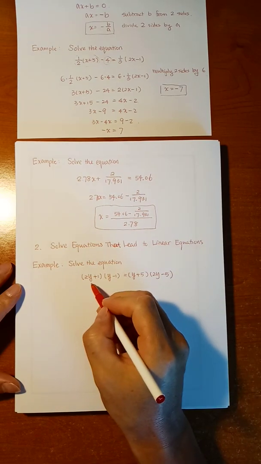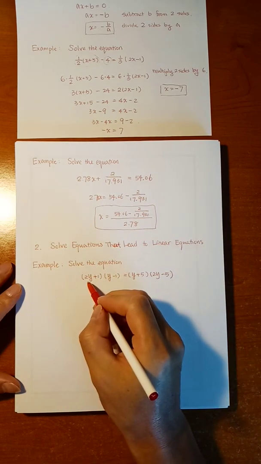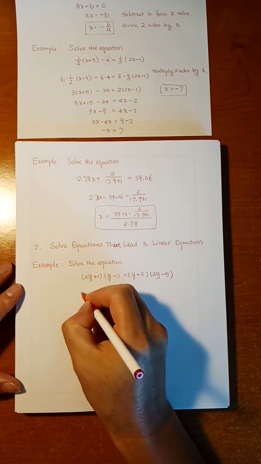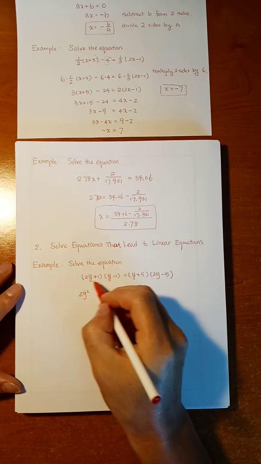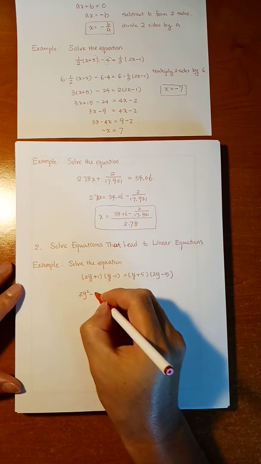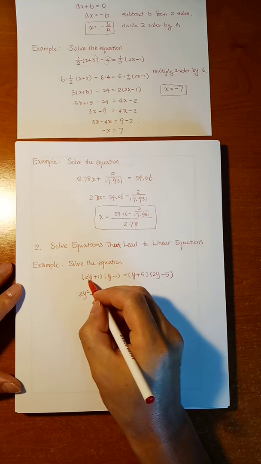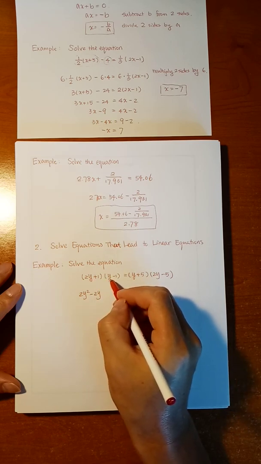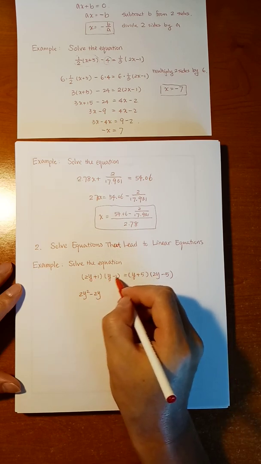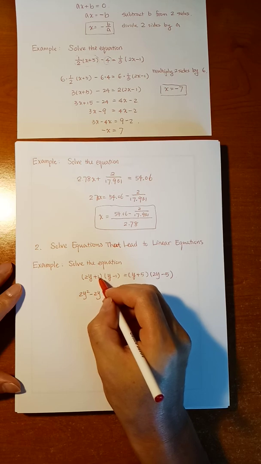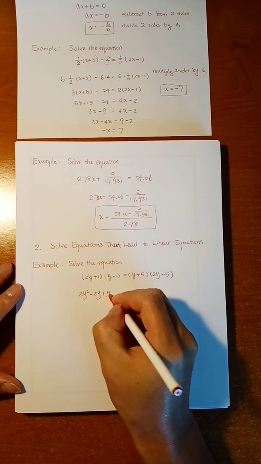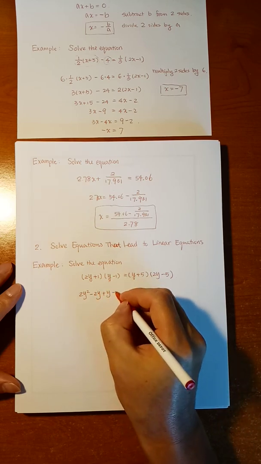So for the left side, 2y times y, you get 2y squared. 2y times negative 1 is minus 2y. And then you move to the 1. 1 times y is y. 1 times negative 1 is minus 1.